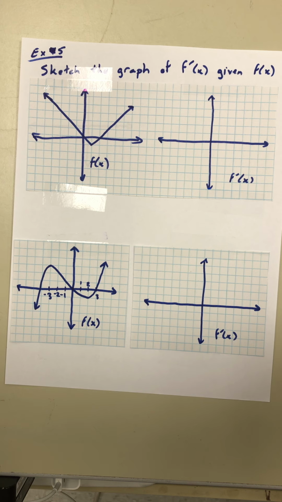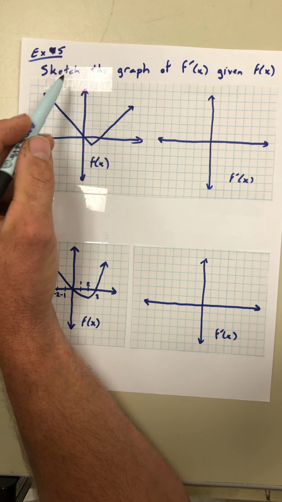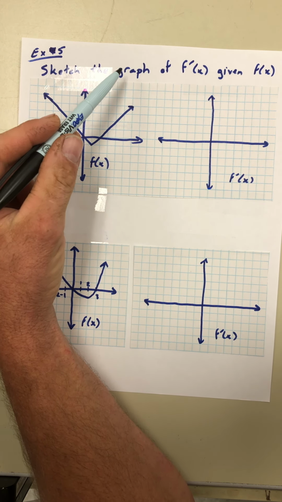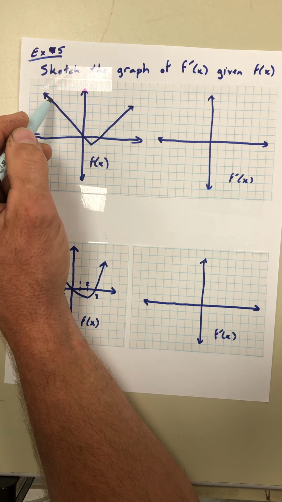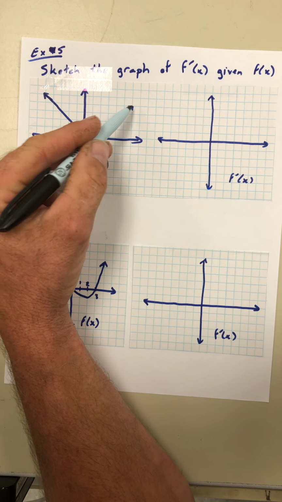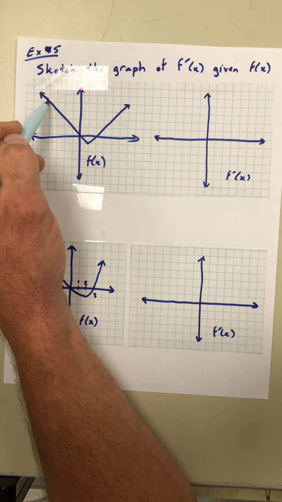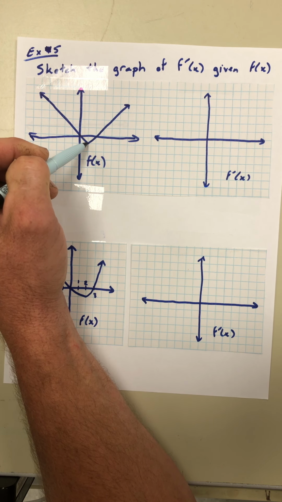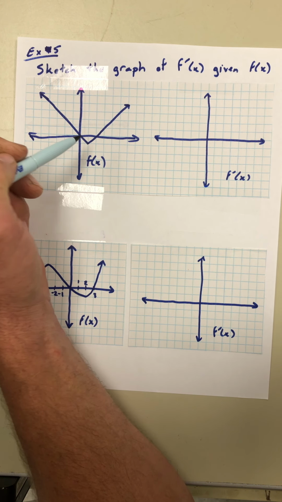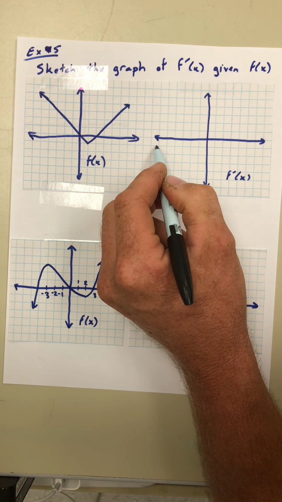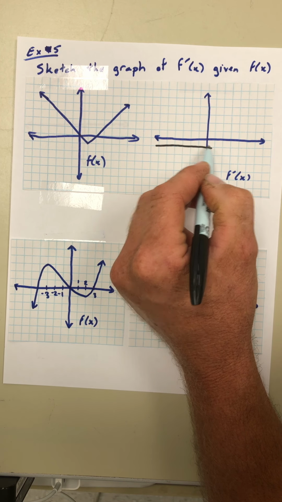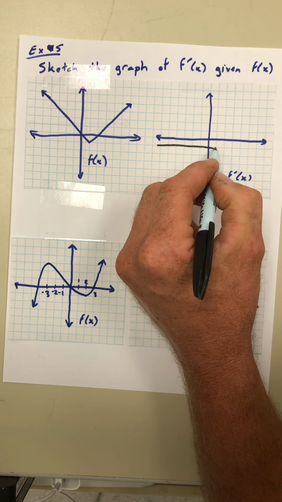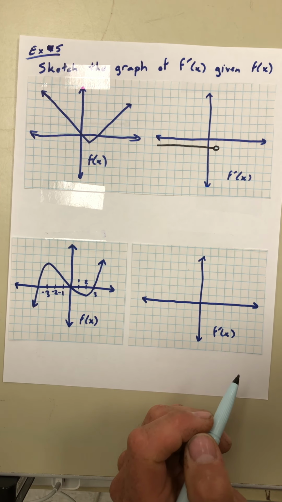The last thing I want to do is to talk about sketching the graph of f prime given f of x. So when we talk about the graph of f prime given f of x, we're looking for the slope. So what is the slope of this graph? Well, here the slope is going to be negative 1 all the way here until we get to this point at 1.